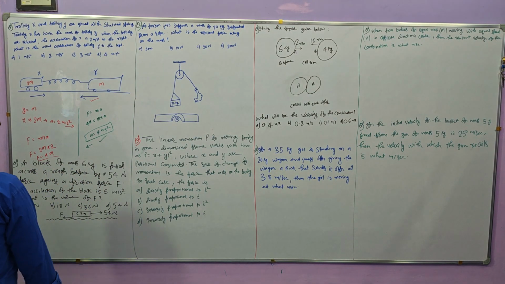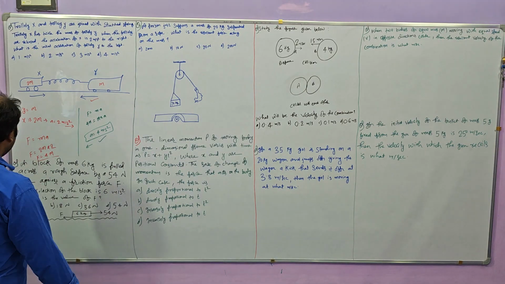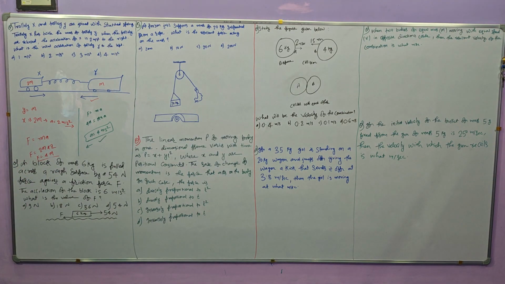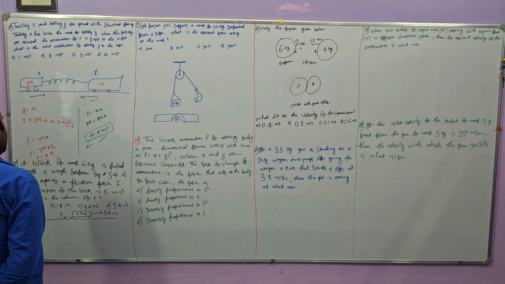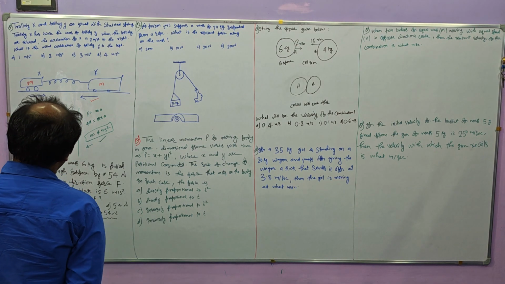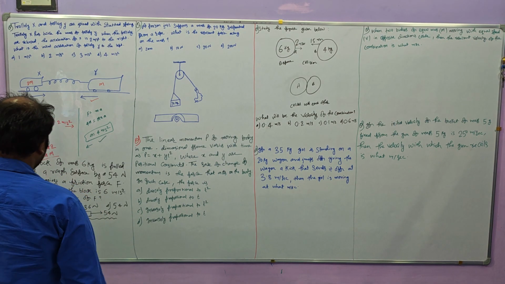A block of mass 6 kg is pulled across a rough surface by a 54 Newton force against a friction force F. The acceleration of the block is 6 meter per second square. What is the value of F?